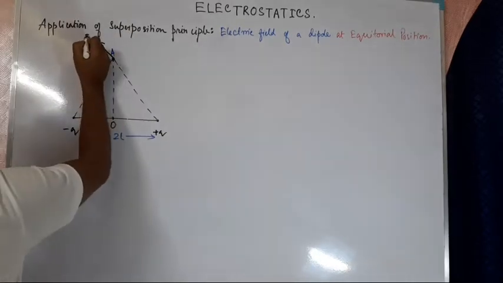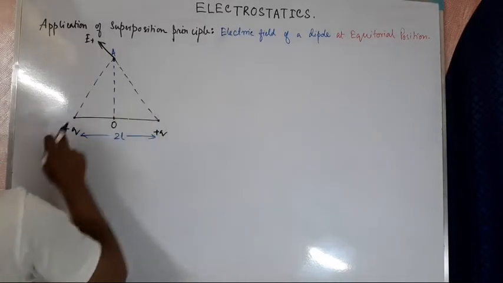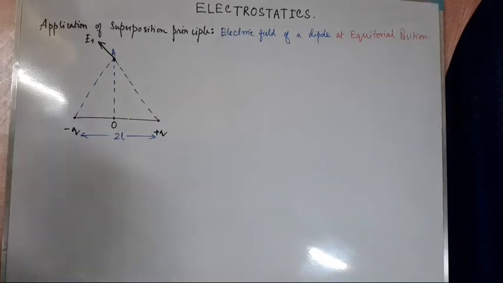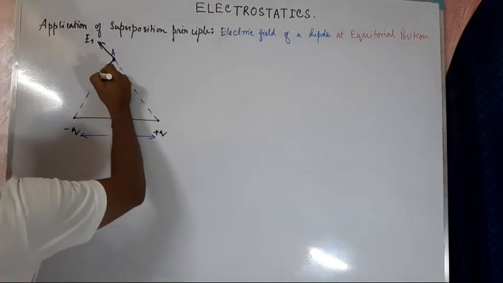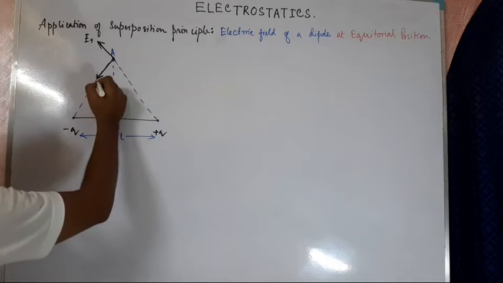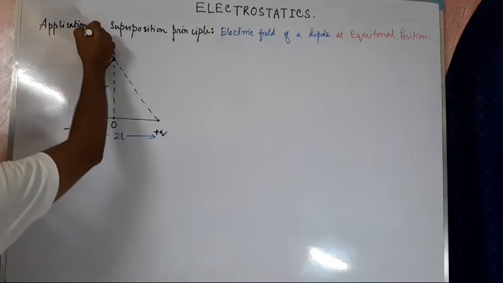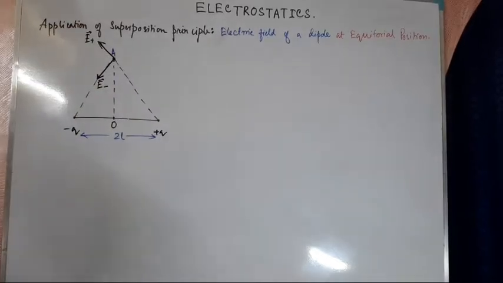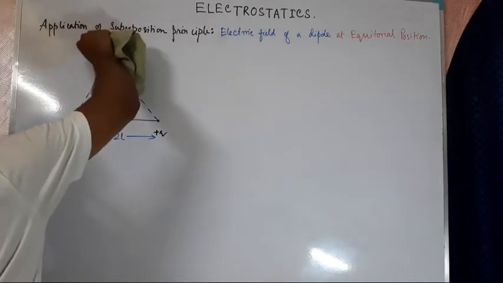That is, we are writing it as E positive. And since this charge is negative, the force will be attractive and will act along the line joining, so it is the electric field produced by the minus charge. So these are the two electric fields. We have to add these two fields. Now it is a vector addition.